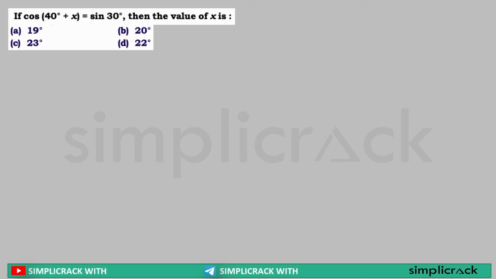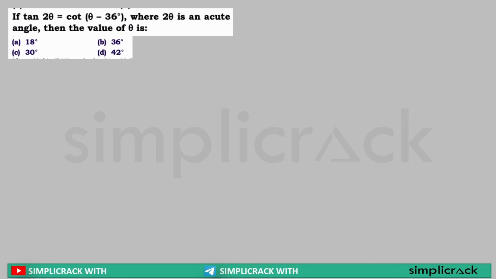Next. Sir, it is saying cos 40 degree plus x is equal to sin 30. It's very simple. So that means 40 degree plus x plus 30 degree should be 90 degree. 40 plus 30 is 70. So x is equal to 90 minus 70, which is equal to 20 degree. Value of x is 20 degree. Clear? Yes or no? Yes. Next.